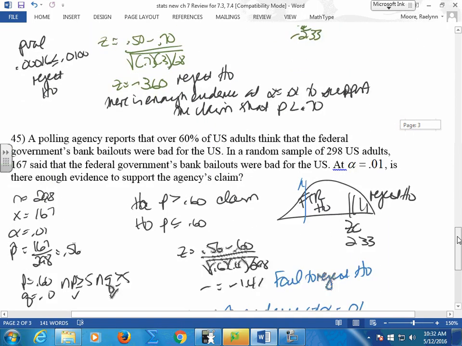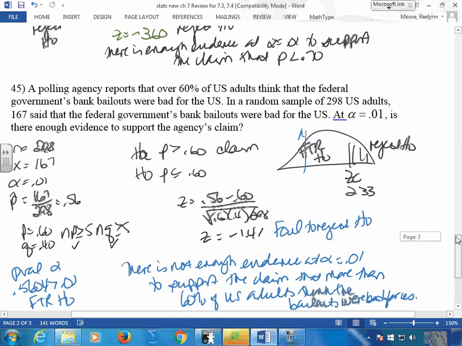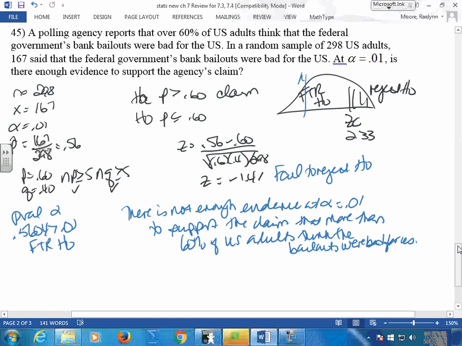And let's jump to 45, the one you did for homework. So a polling agency reports that over 60%. What does over mean? Greater than. More than 60% of U.S. adults feel that the federal government bank bailouts were bad for the U.S. In a random sample of 298 U.S. adults, 167 said that they felt it was bad for the U.S. In this case, they didn't give you a p-hat.